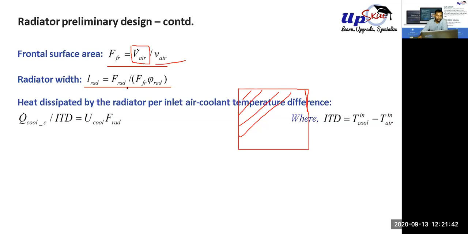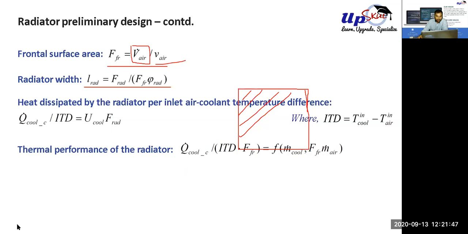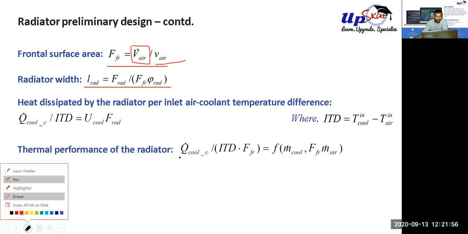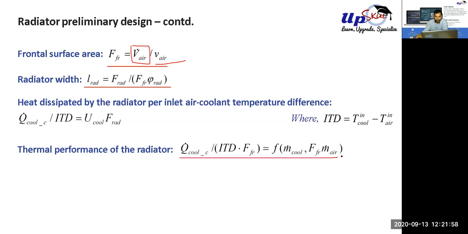Of course, there are methods to calculate the performance of the radiator. You don't necessarily need them immediately. Even without calculating them, we can design a basic radiator. But if you want to calculate the performance of the radiator, it is done based on the ITD, which means inlet temperature difference.